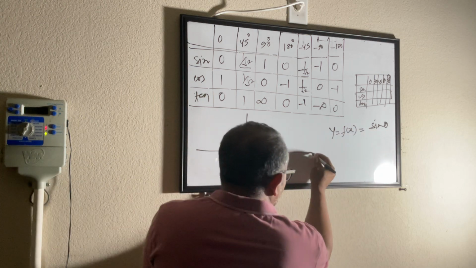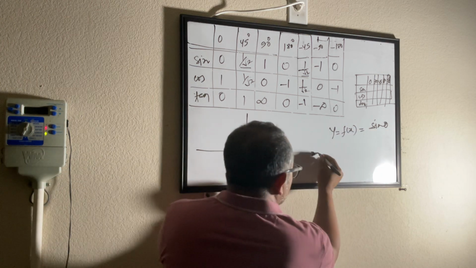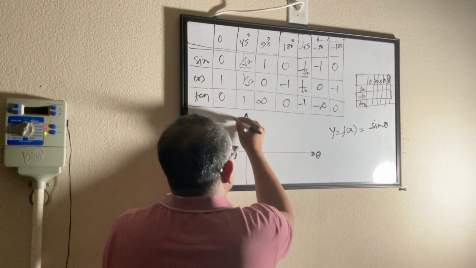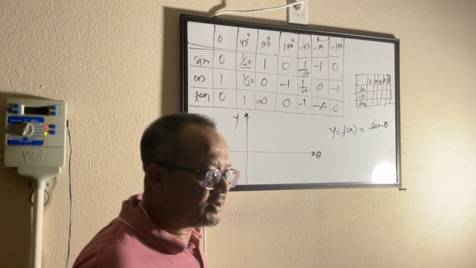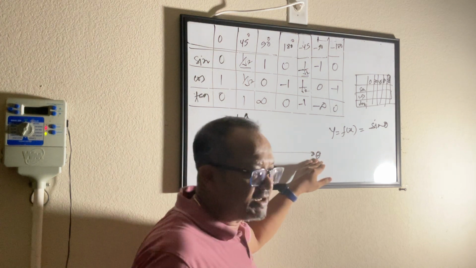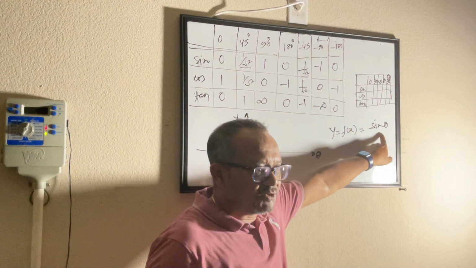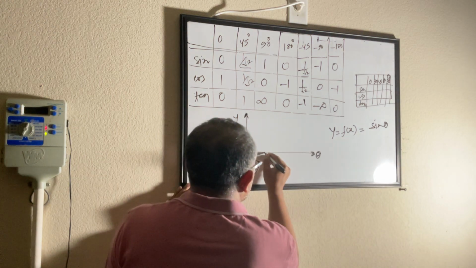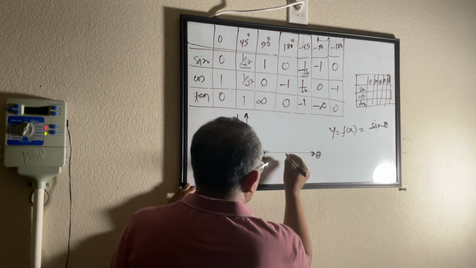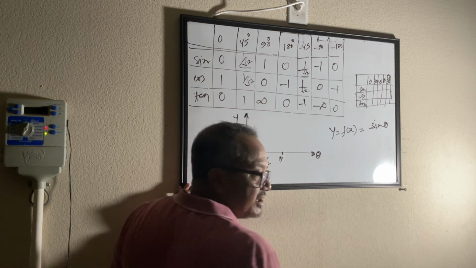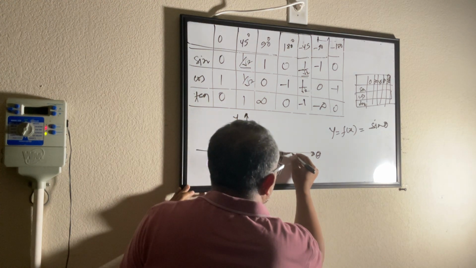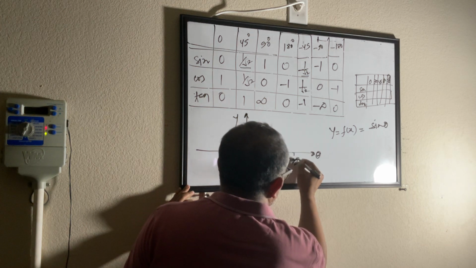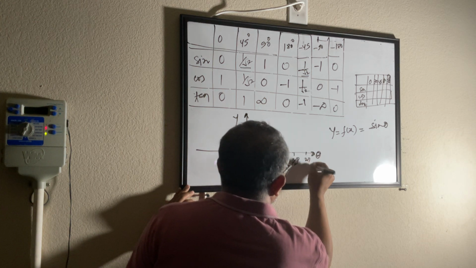So this axis I will use as theta, since this is the input, my x-axis, and this y-axis I will use as y. Instead of x, I am using theta because I am using a sine function. This is the angle. Let's say this is 0, this is pi by 2, 90 degree, this is pi, 180 degree, this is 3 by 2 pi, and this is 2 pi.